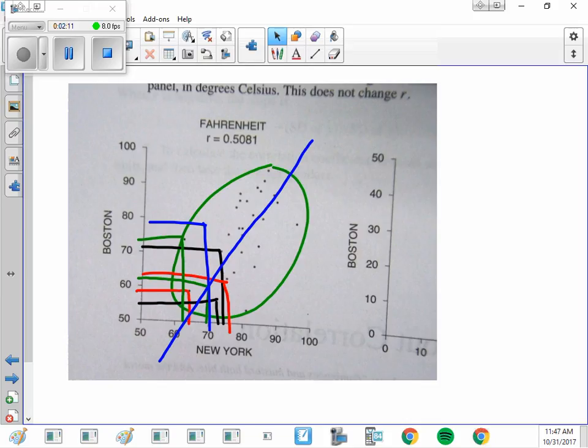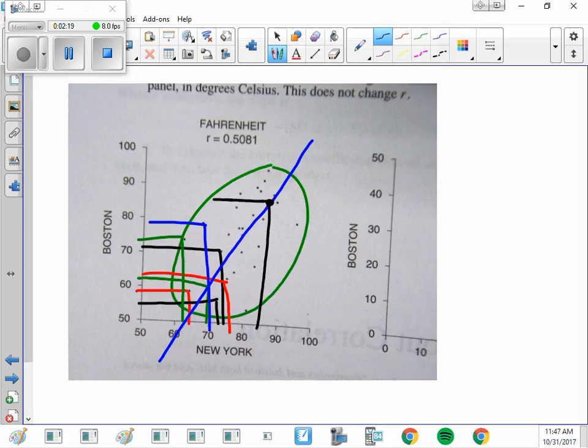Okay, well, looking at the regression line, if New York is 85 degrees, then Boston would be about 85 degrees. So that's pretty close. So if New York were 100 degrees, Boston would be 110.